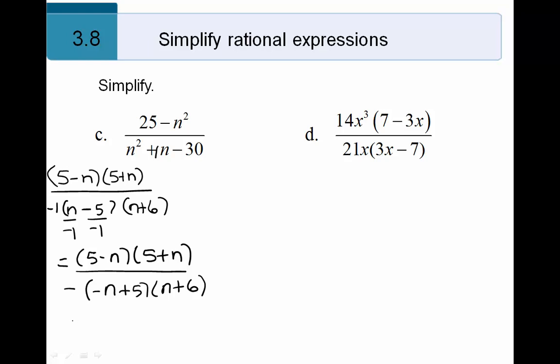And so this will equal, I'm going to put my negative out front now, negative. These two things are exactly the same now, so they're going to go away. And just put that negative directly out front, and I have a 5 plus n left on top. Which, if you want to write it as n plus 5, you can. And you have an n plus 6 left on the bottom.